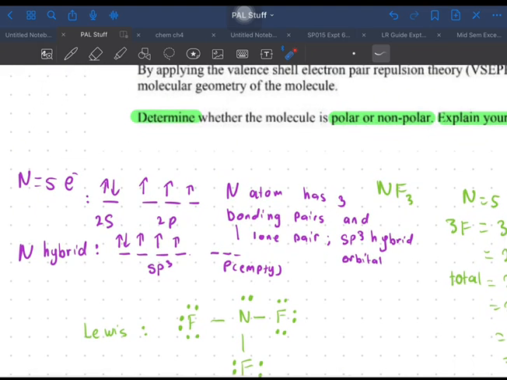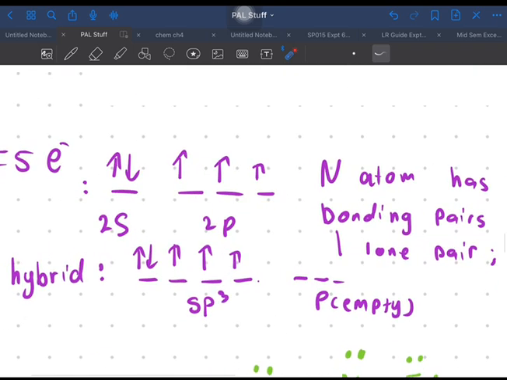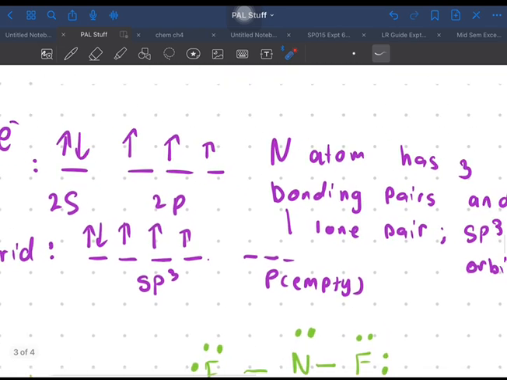Next, we just combine all of this into one, which becomes sp3. Why sp3? Because it has 3 bonding pairs. So for me I will just say s, p, p, p, hence sp3. It's easy for me to know.